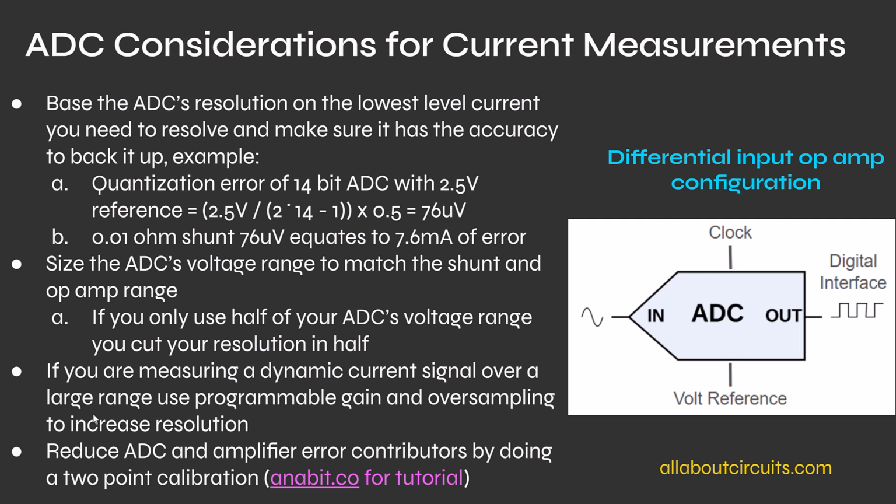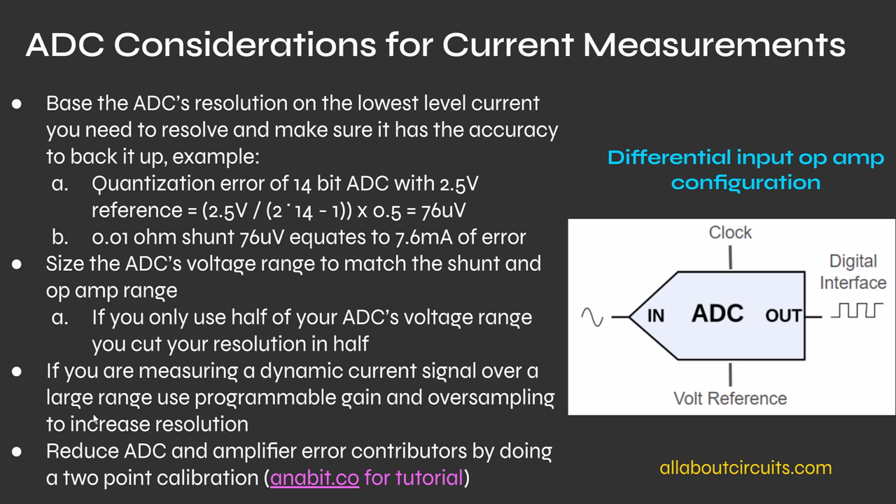So if we have a maximum 1 volt output from our op amp based on gain and the voltage drop of the shunt, but our ADC has a 2 volt voltage range, we're essentially cutting our resolution in half. We go from 16-bit to 15-bit because we're not using that full range, right? So in that case, we want to make sure we use a voltage reference that's closer to 1 volt to match and get the full resolution of our ADC.